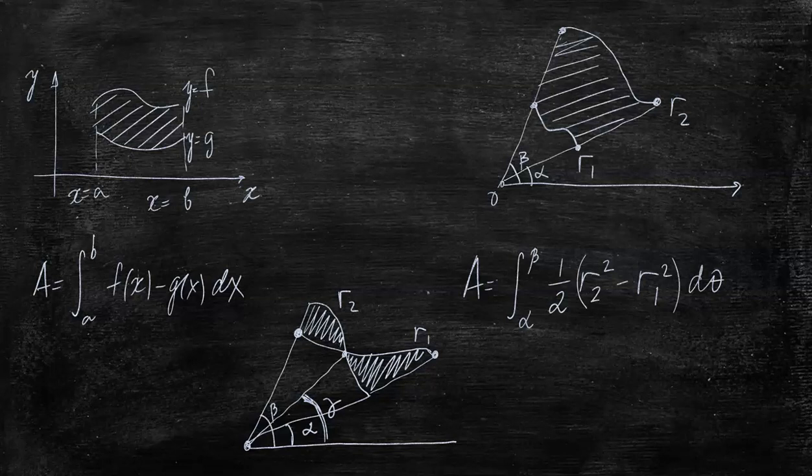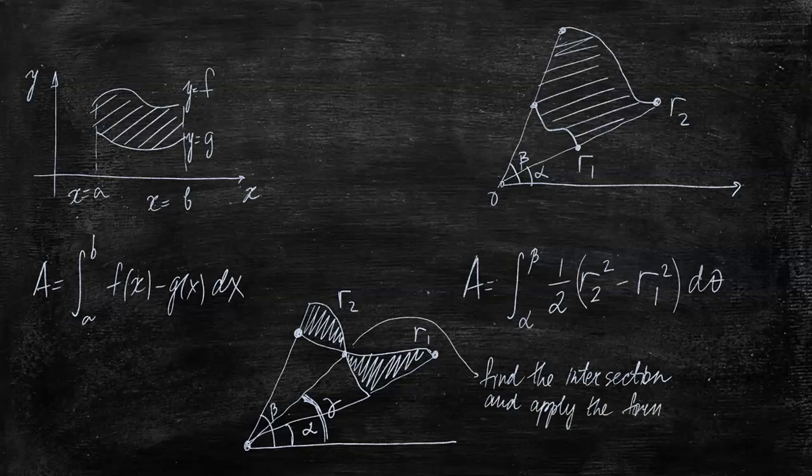So when something like this happens, what we have to do, we have to find the intersection and apply the formula on each interval separately.